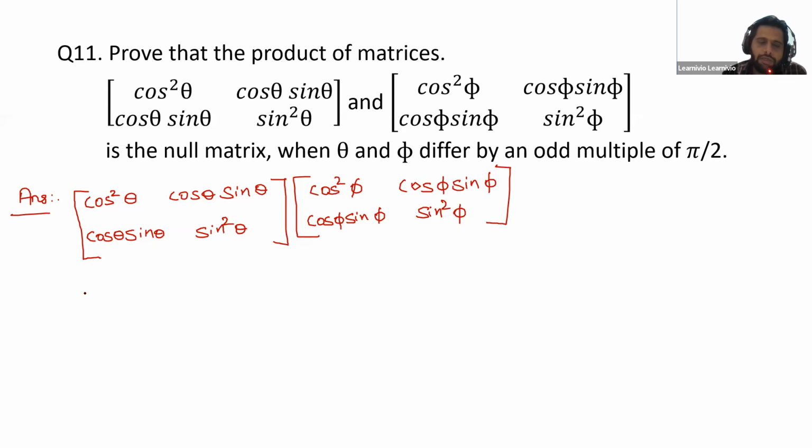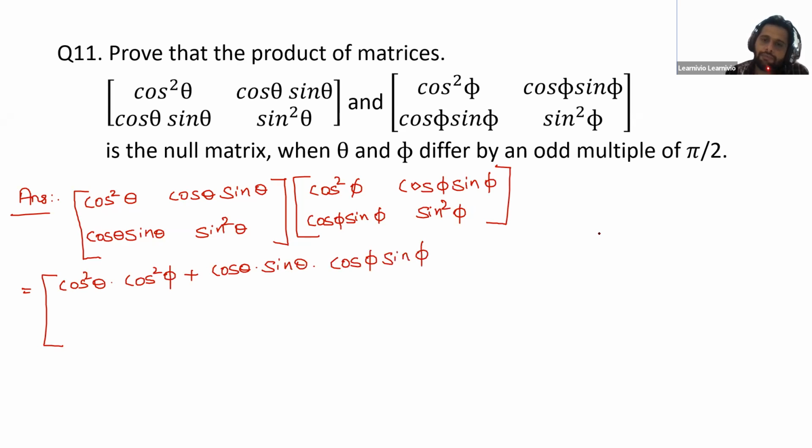Okay, just multiply these two. So you will get this first row, first column: cos square theta into cos square phi plus cos theta sin theta and cos phi sin phi.